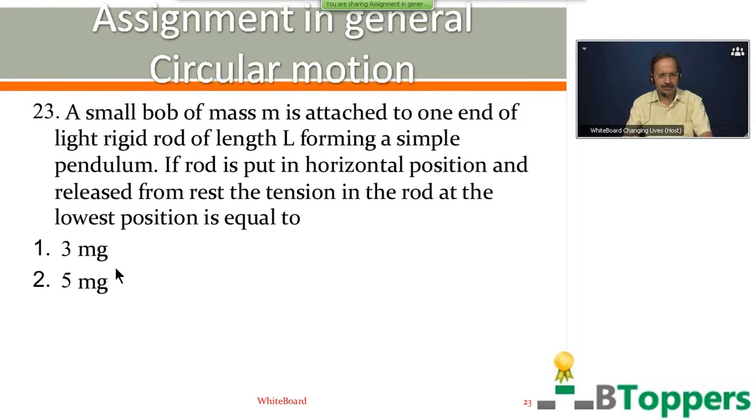First option 3 mg, second option 5 mg, third option 4 mg, fourth option none. Come on, you take a pause and try the problem. You can take a pause and try the problem.